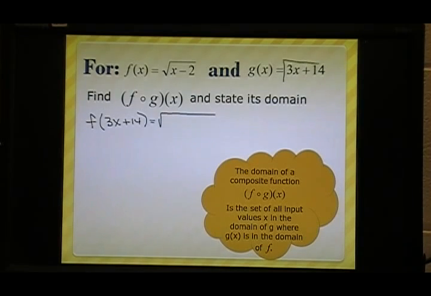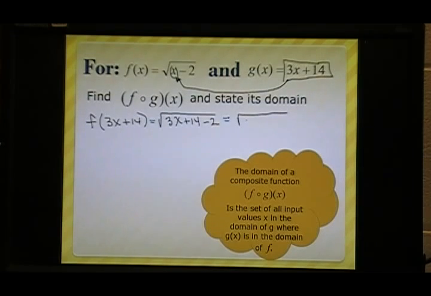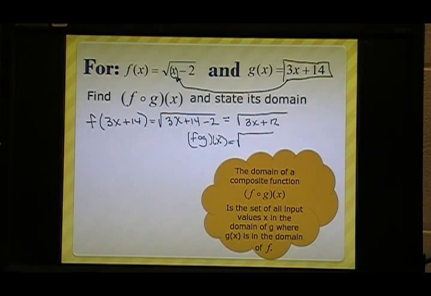I'm going to take my g and plug it in here for that x, so that's the square root of 3x plus 14 minus 2, or the square root of 3x plus 12. Okay, so my composite function f of g is the square root of 3x plus 12.